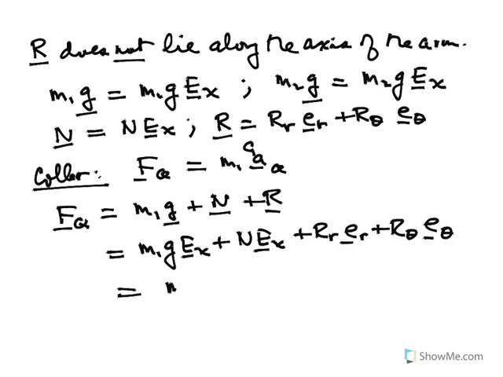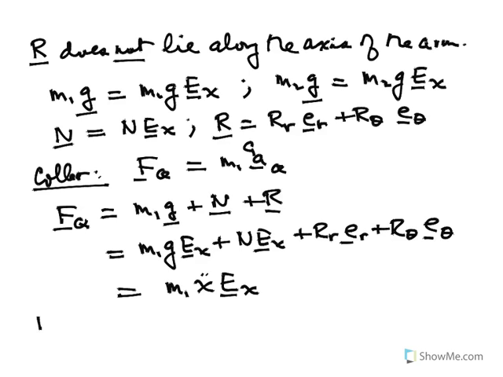And that has to equal m1 x double dot ex. So from this, we actually get two equations. If we look at this, it's easiest to take the dot products in the ex and the ey directions just because the acceleration in this case is in the ex direction.